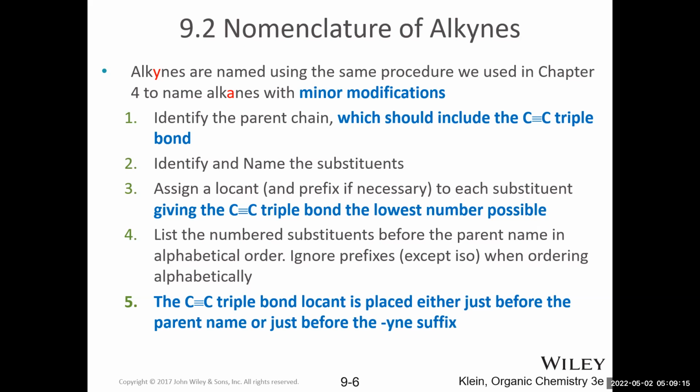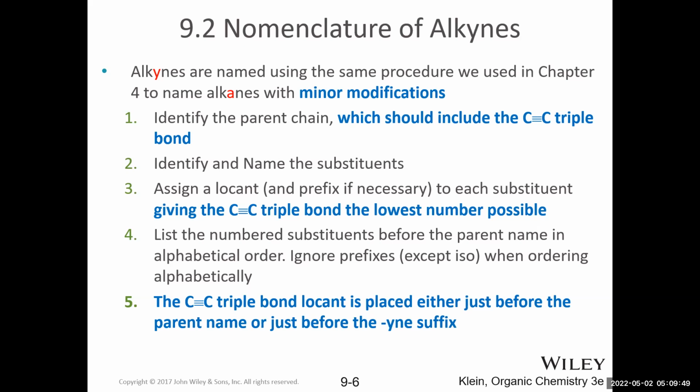We want to identify and name substituents just like we did before. Assign what's called a locant, which is a number, to each substituent. So we'll number the parent chain, being careful to give the carbon-carbon triple bond the lowest possible number, since it has priority over alkyl groups or halogens, things like that. And then we want to list the numbered substituents before the parent name in alphabetical order.